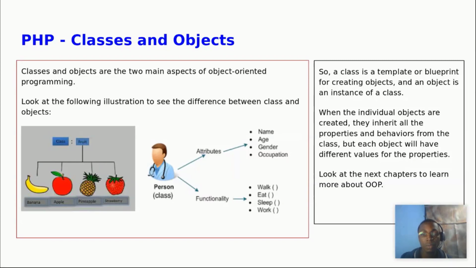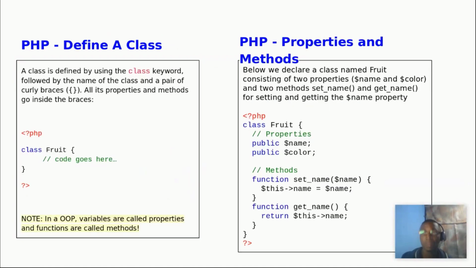Now, let us look at the example that we have here, right? I want us to see how to define a class. A class is identified or defined using the class keyword which you have there. If you want to define a class in PHP, use the class keyword, followed by the class name, followed by the curly braces.